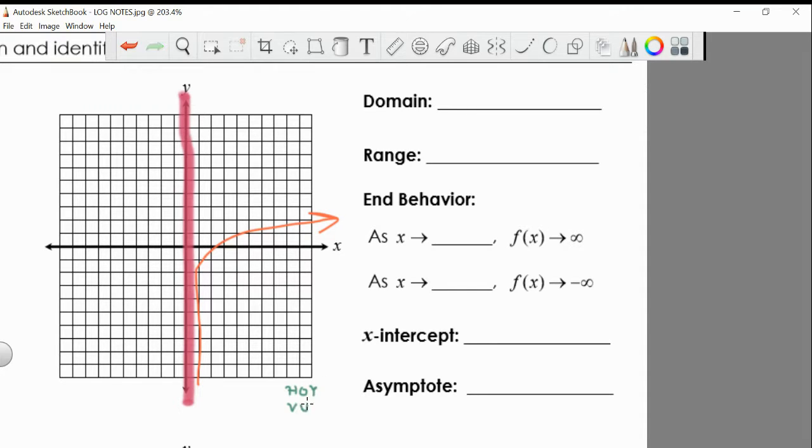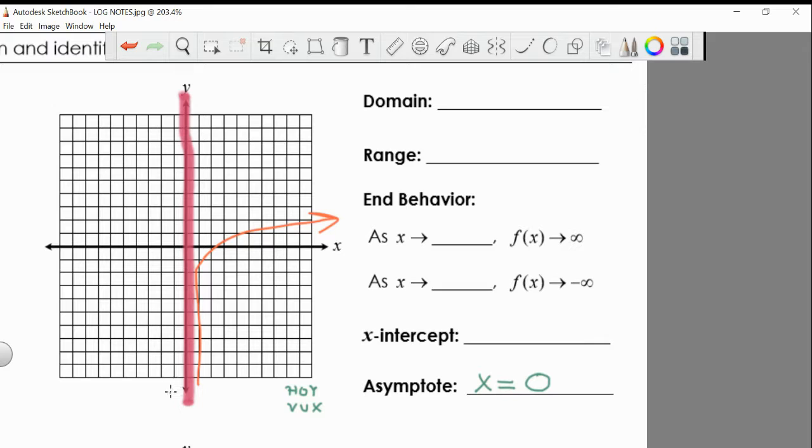Make sure that's a U, not an O. HOYVUX, which tells them that horizontal is y equals and vertical is x equals. Sounds like a Harry Potter spell to me. I'm not really into Harry Potter, but we'll deal with it. X equals. Okay, so this is going to be a vertical line. And then our number here is going to be 0, because it's obviously a vertical line at 0.